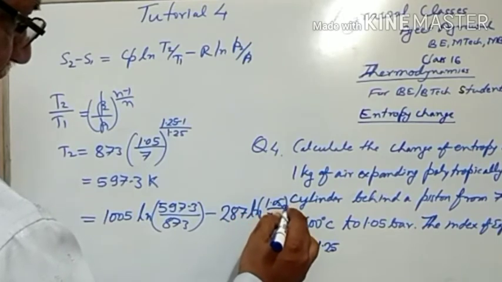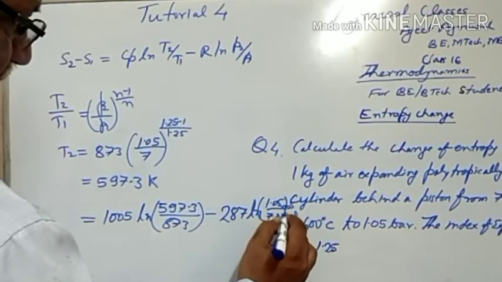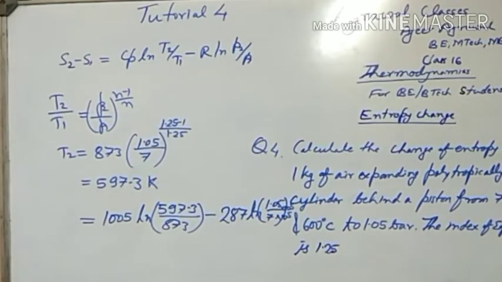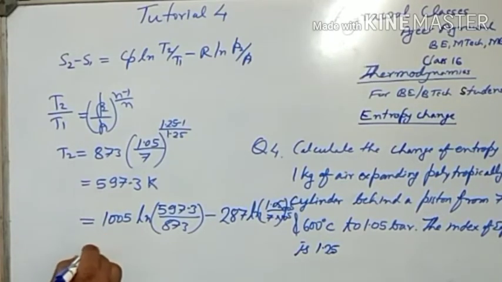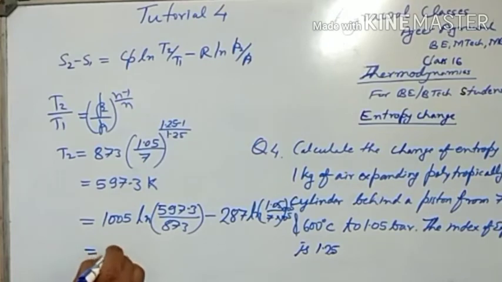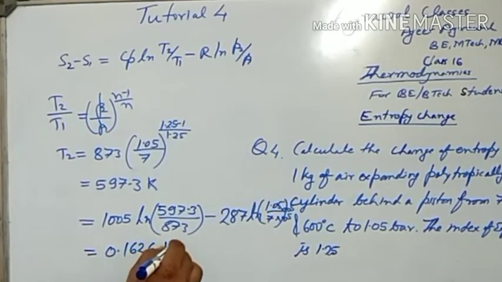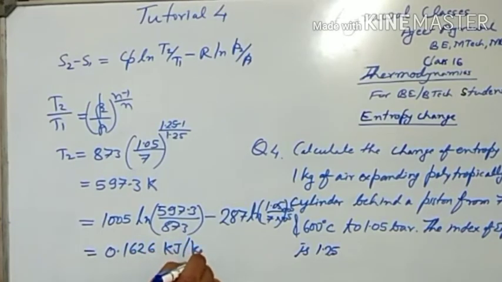Here also I can write 10 to the power 5 in terms of Pascal. When you substitute the values, you will get the change in entropy equal to 0.1626 kilojoules per kg.